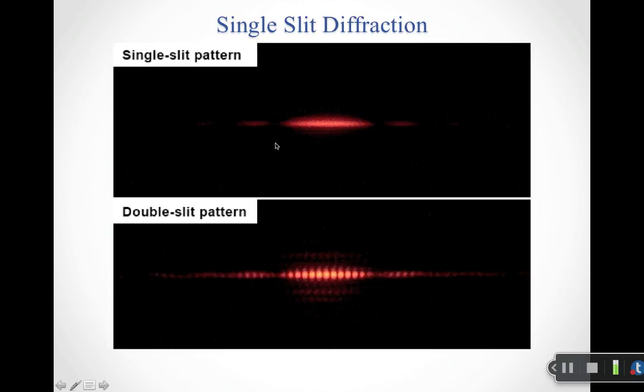So if I take 2 slits, part of what I notice is that my double slit pattern will show both the double slit interference, that's what these minima are, on top of the diffraction pattern, because both of my slits will act like a single slit. So if I look right here, here's a maxima, here's a maxima, this should be a maxima.